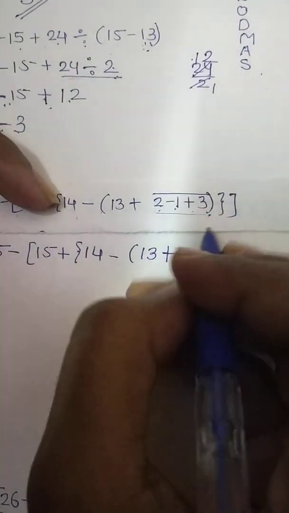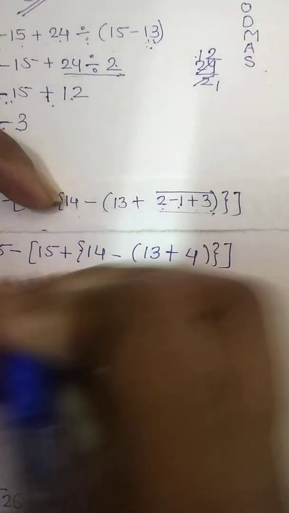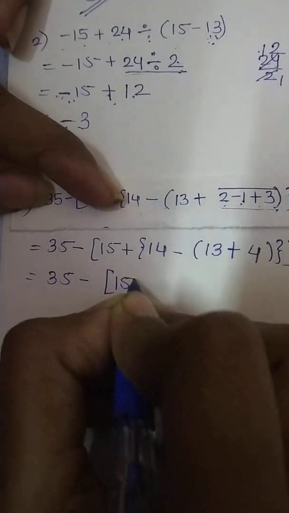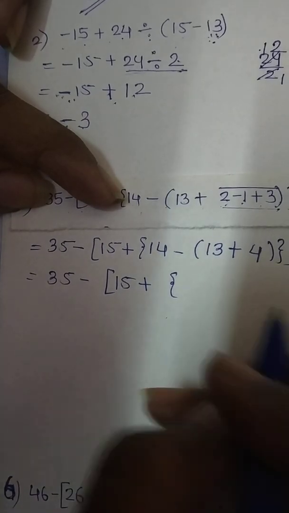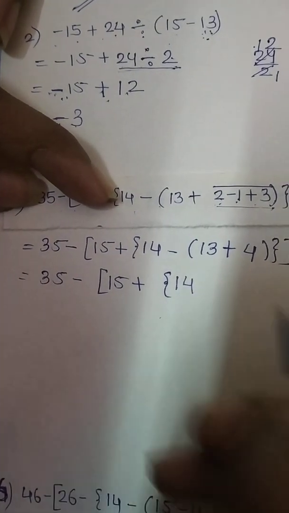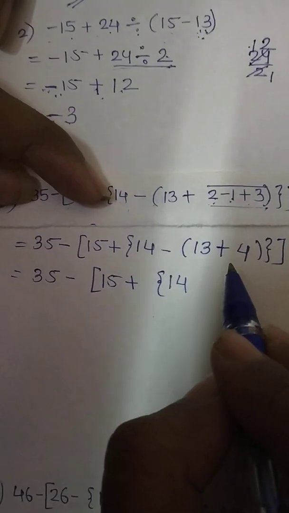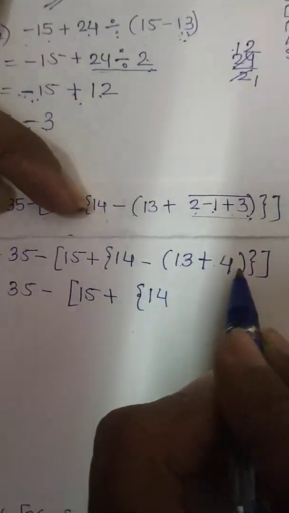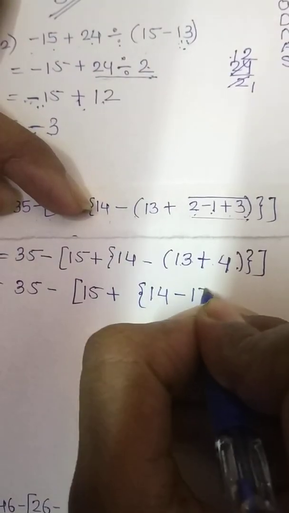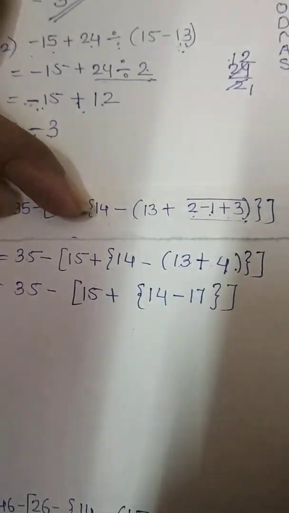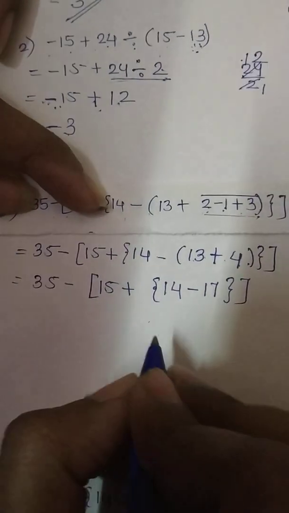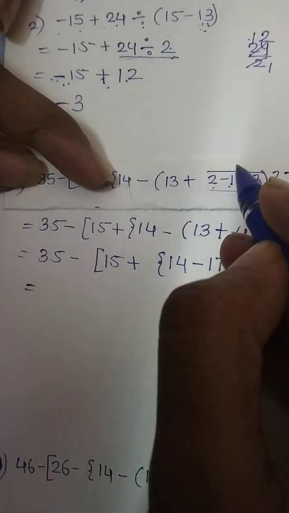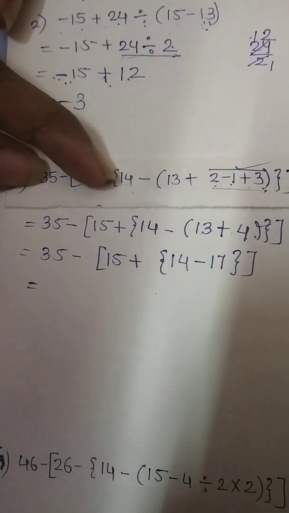So now the bracket closes. So 13 plus 4, 17. So minus 17 bracket close. Now, when we move on to the next step, one of the bars goes off.